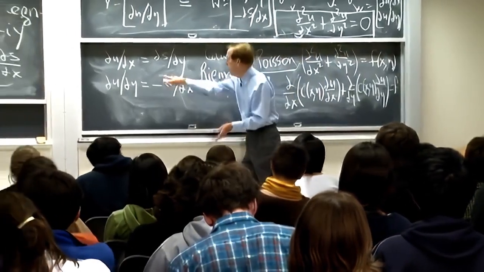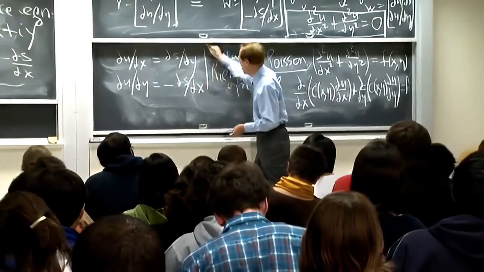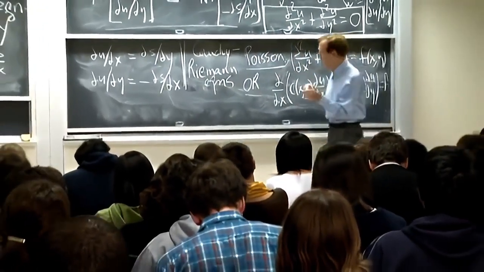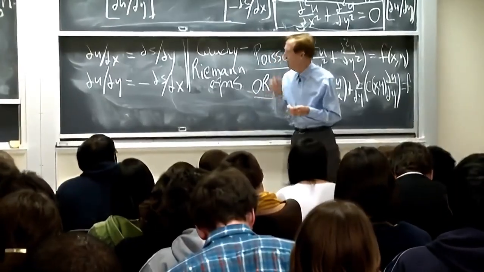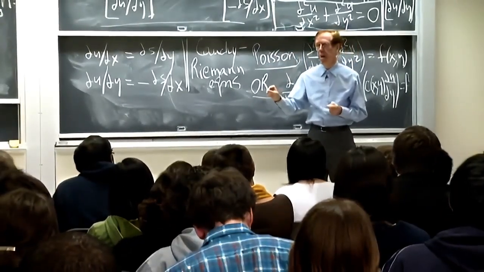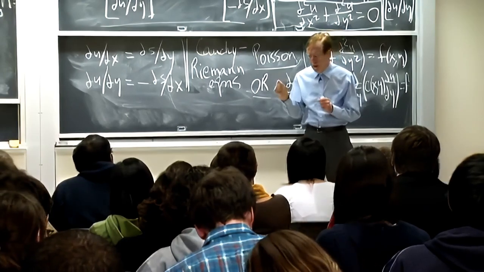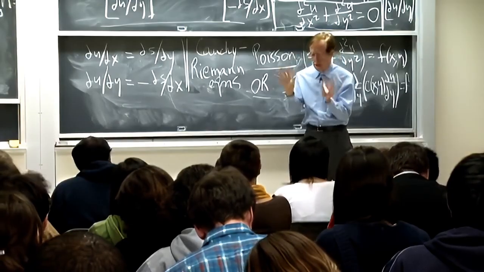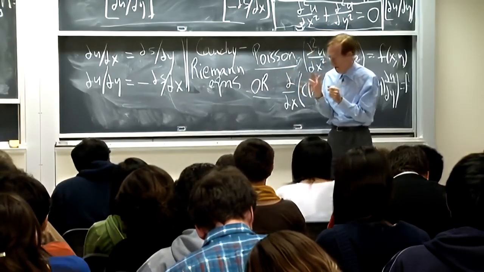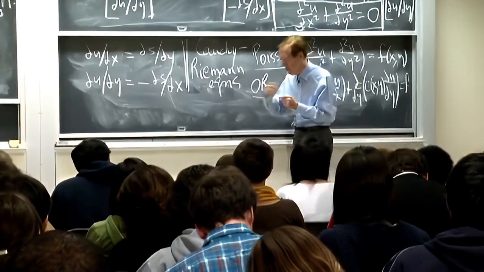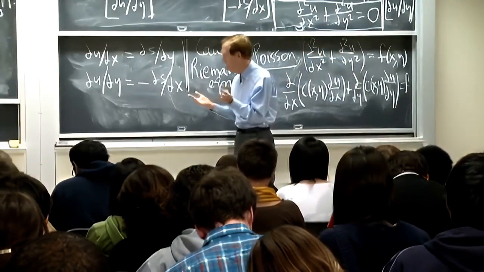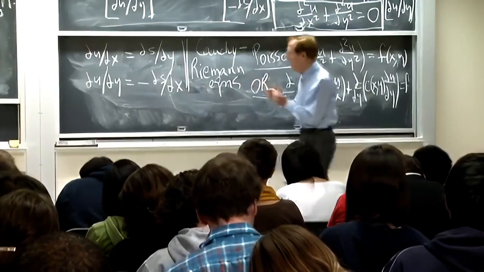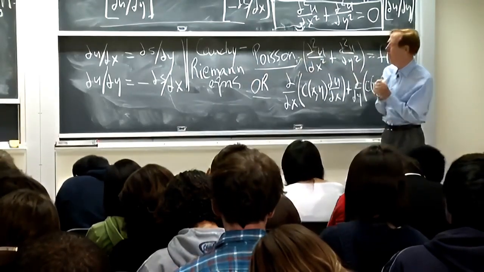If I could solve these two, I'm going to get Laplace's equation solved by u. Laplace's equation will also be solved by s, the stream function. So I get a pair of solutions: the solutions to Laplace's equation come in pairs, u and s. We get them two at a time, and they're connected in this remarkable way.